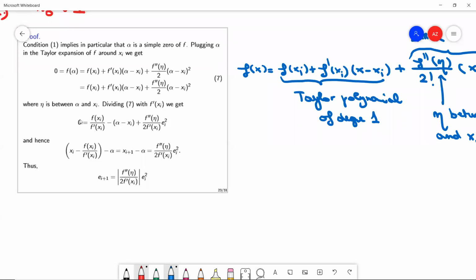And what we get is 0 is f of xi over derivative of f in xi, minus, and in the second term the derivative of f in xi disappears, so we get alpha minus xi plus the second term divided by the derivative of f in xi. And now we put xi on the left-hand side, and this quotient also on the left-hand side, and this true 0 alpha also on the left-hand side.